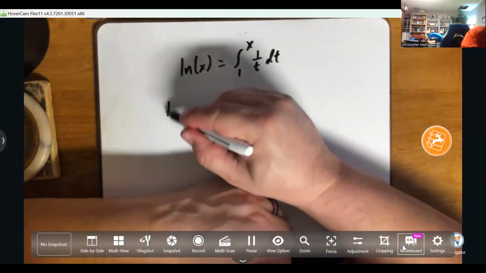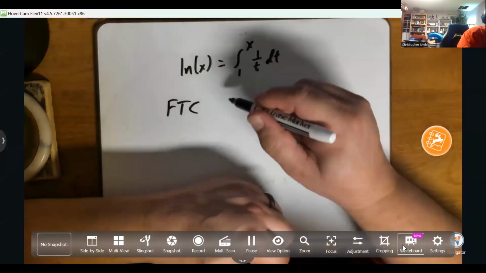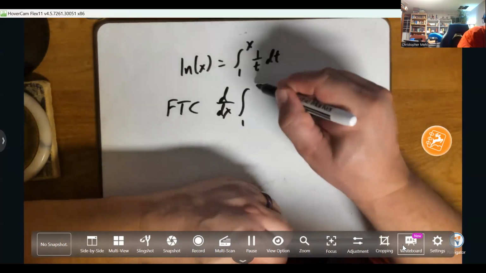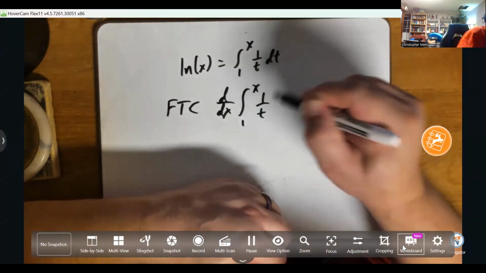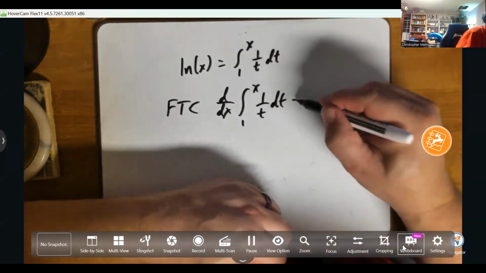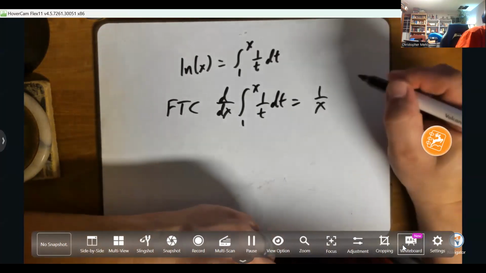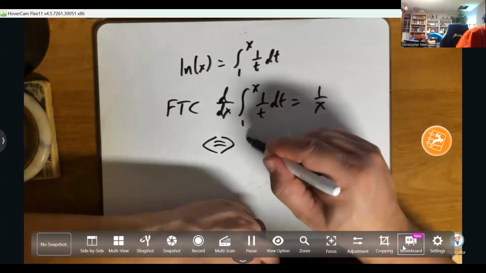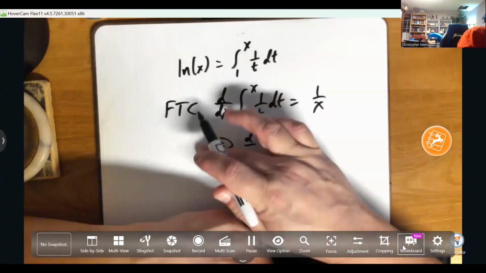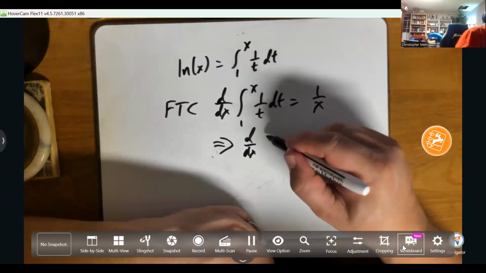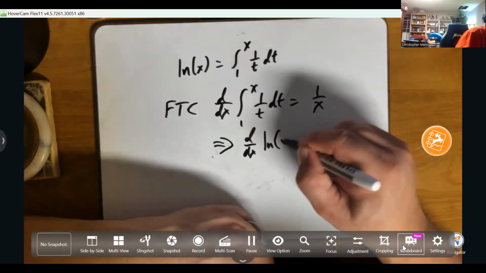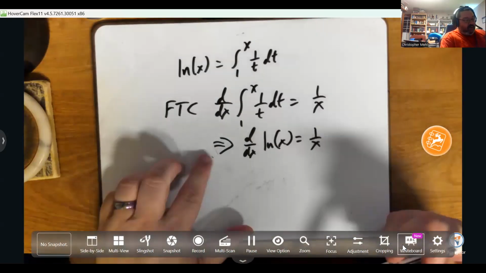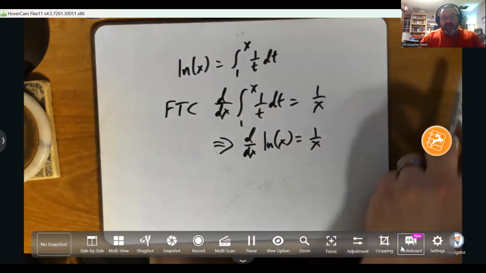Remember, the fundamental theorem says that if I take the derivative with respect to x of the integral from 1 to x of 1 over t dt, that would give me 1 over x. Okay, and so that's where we get the idea that the derivative with respect to x of the natural log is 1 over x. We just sort of stated that before, but it comes from this definition.